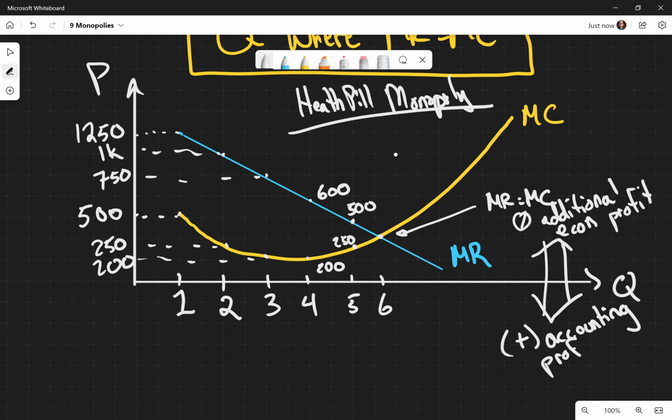So you're going to want to produce that 6th unit because in this marginal revenue, marginal cost calculation, you are already accounting for the opportunity cost of your time. And so despite the fact that it doesn't seem valuable because it's 0 additional economic profit, it's going to be a positive amount of accounting profit to do that last unit. Very good. Does that make sense to everyone? So it's that difference between the profit types and the fact that we're so conditioned to thinking about profit as just accounting profit. Okay.